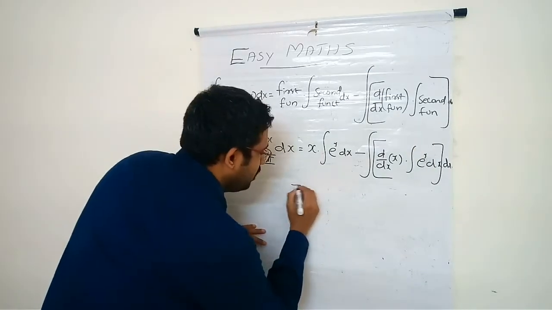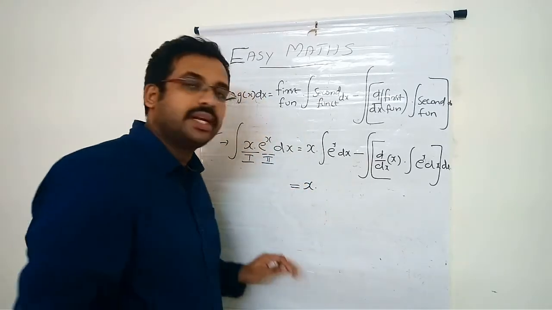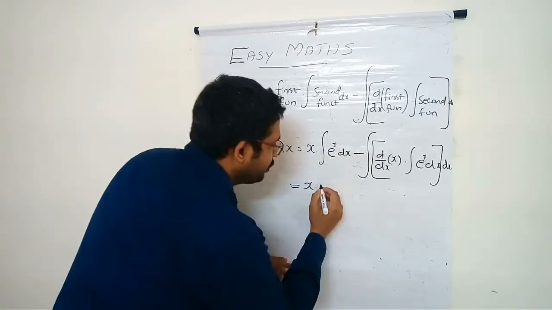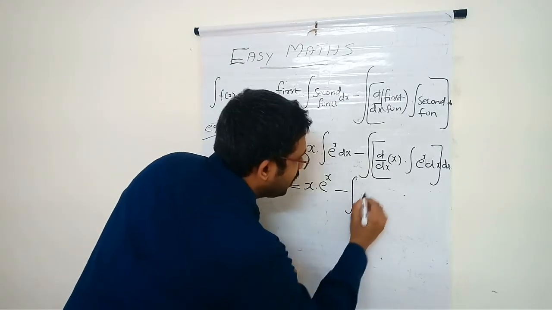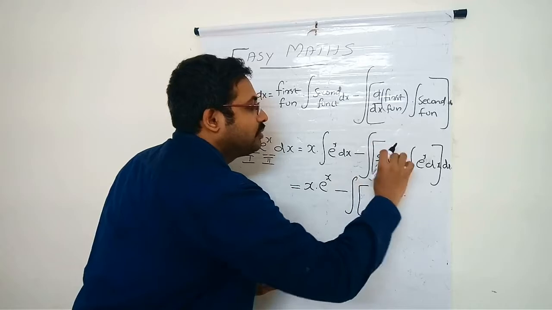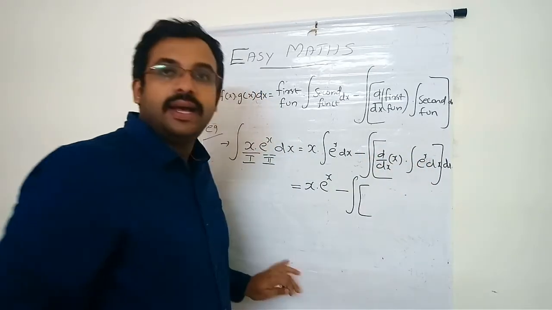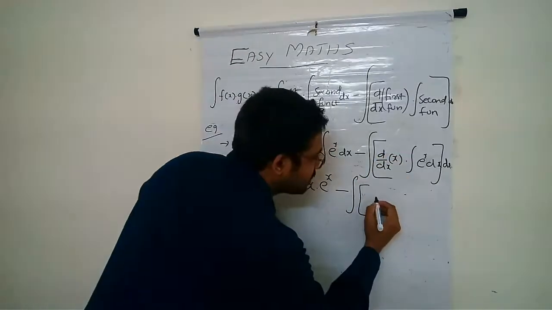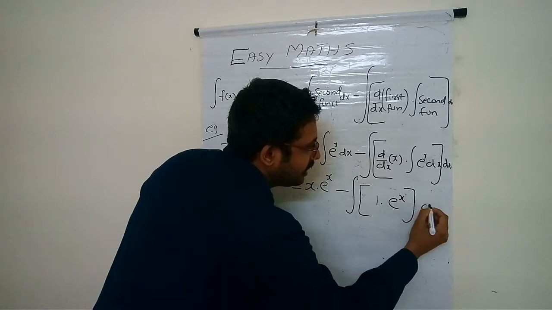Then apply integration. The first function we are keeping as x itself. Integral e raised to x is e raised to x, minus integral of, and this integral is common for both these two terms. So first you can solve this bracket: derivative of x, 1, into e raised to x dx.